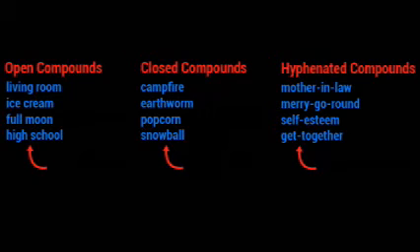More examples of open compound words are living room, high school, ice cream, real estate, full moon, etc. Some words like doorknob, moonlight, sunflower, grandmother, basketball, etc. are not, however, open compound words. They are closed compounds, as they join to form a single word without a space in between.